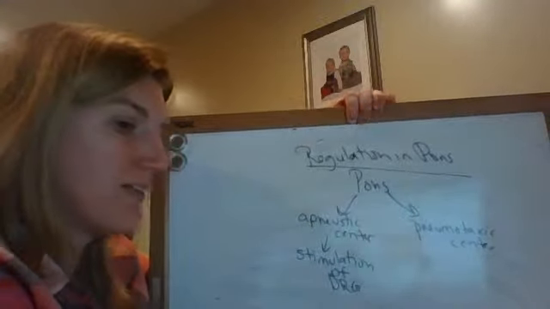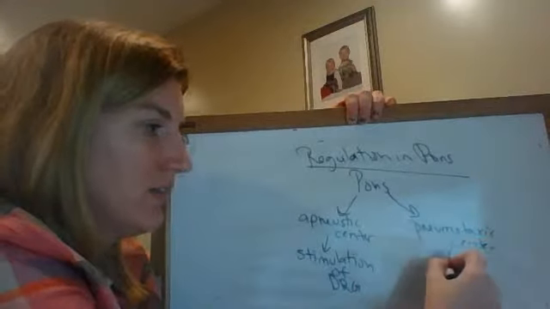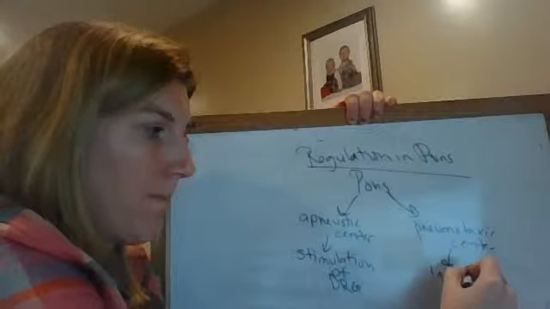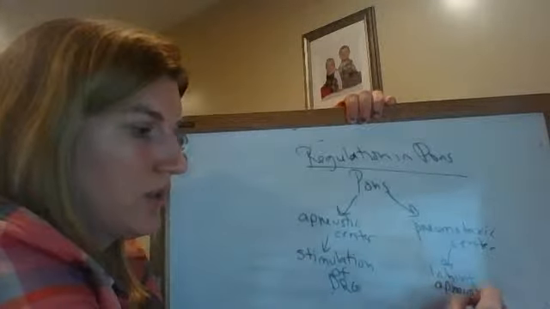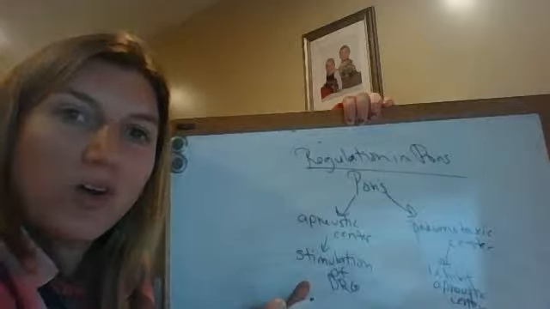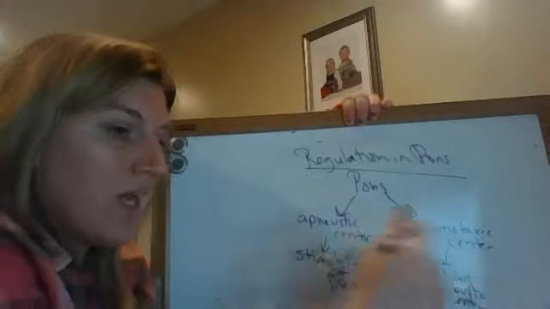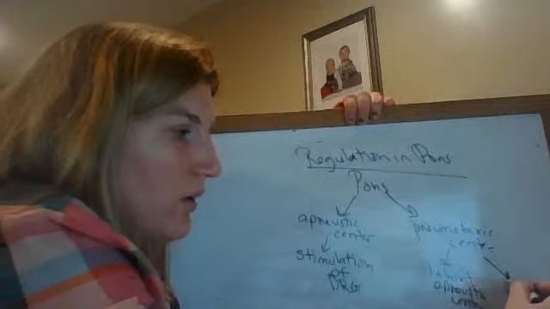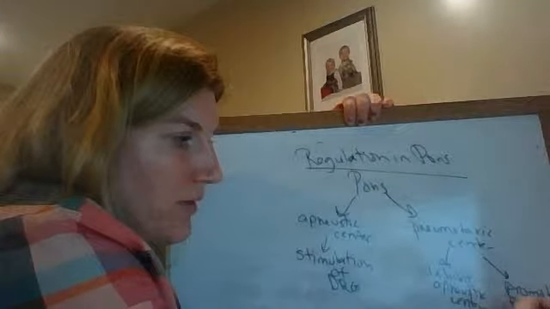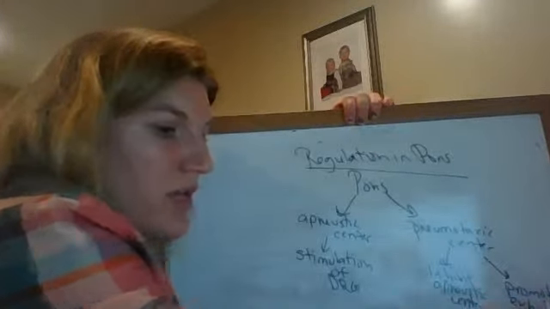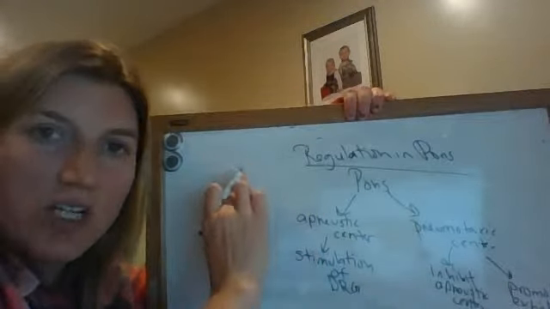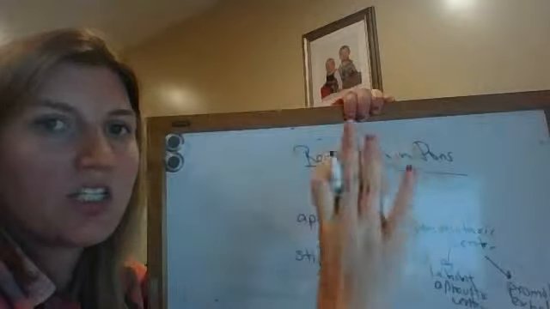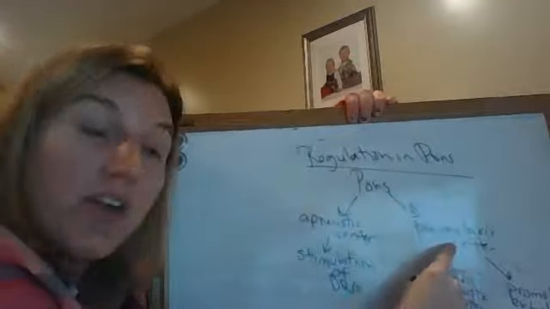The pneumotaxic center is going to inhibit the apneustic center. In other words, inhibit our quiet breathing, our normal breathing, and it's going to promote exhalation. So again, it's another cycle where your apneustic center tells your DRG to activate the inhalation muscles, inhaling, etc. Then your pneumotaxic center comes over and allows you to exhale.